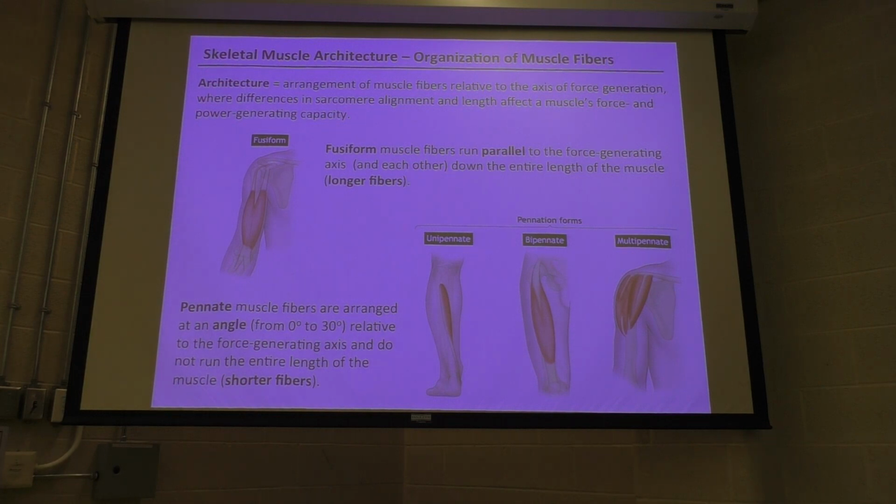Really easy. Exactly. So there's an angle relative to where the fiber is oriented, and that is the pennation angle, when the fiber is not parallel to the force generating axis. This pennation angle allows for more packing, and different types of fibers will generate different forces based on this packing. Pretty straightforward, right? Any questions?